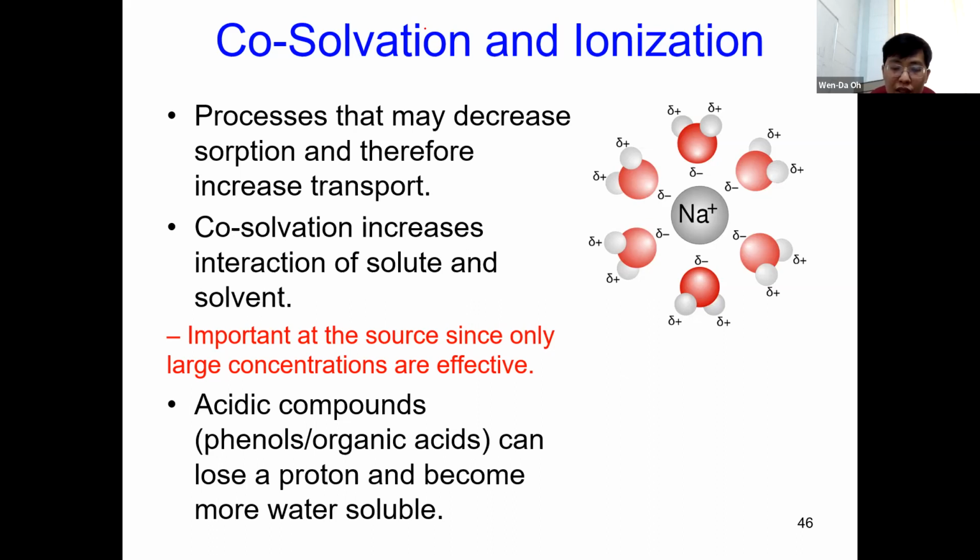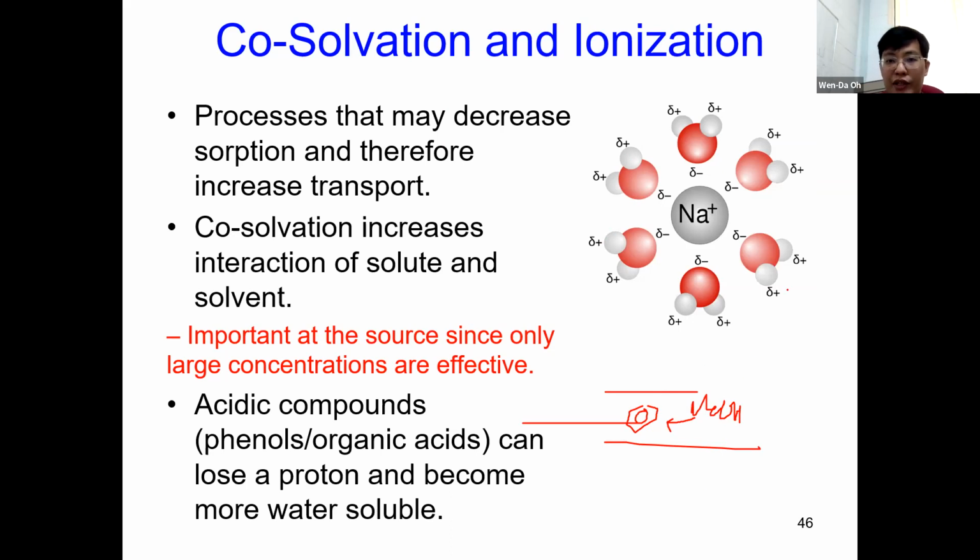Okay? It can increase the transport of that particular pollutant, right? So just to illustrate, let's say you have in the water these hydrophobic molecules like benzene, right? Then you also have methanol, right? This methanol increases the solubility of this benzene in the water and causes this benzene to be transported via water from one point to another point. This is what we call co-solvation, right?